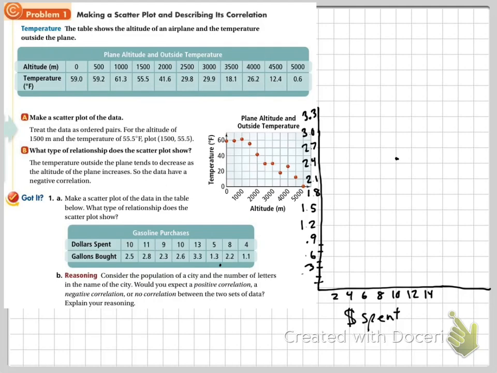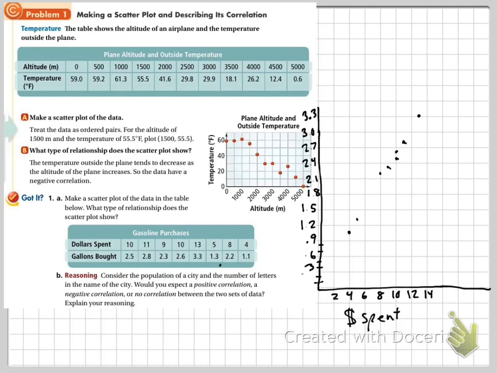It's about there. 9 goes to 2.3. 10 goes to 2.6. 13 goes to 3.3. 5 goes to 1.3. 8 goes to 2.2, and 4 goes to 1.1.